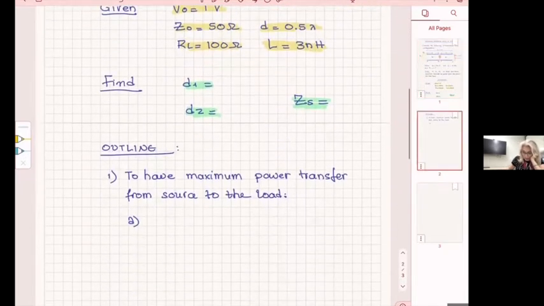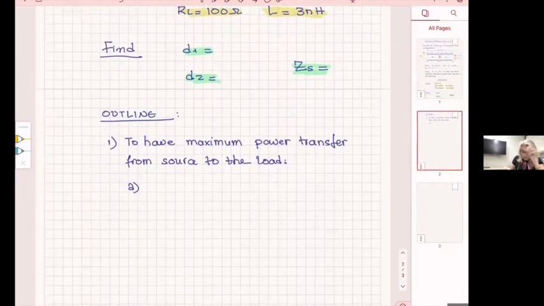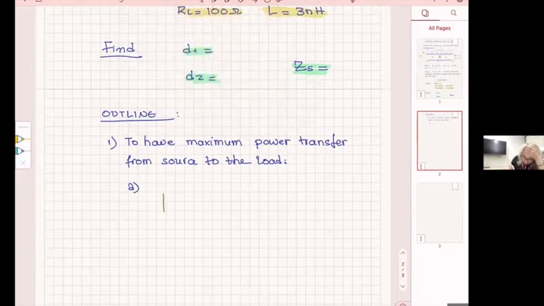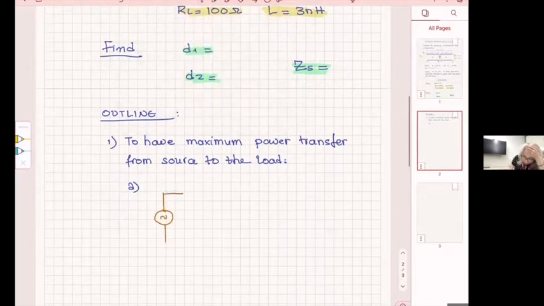Let me write it here. So here what we have is a source given to us, with an internal impedance Z0, and then it's going to go to a line, but the line is going to present to this source an impedance.